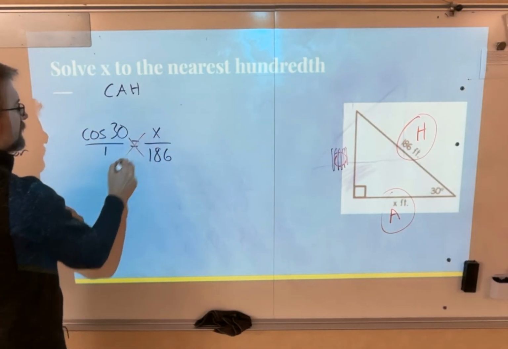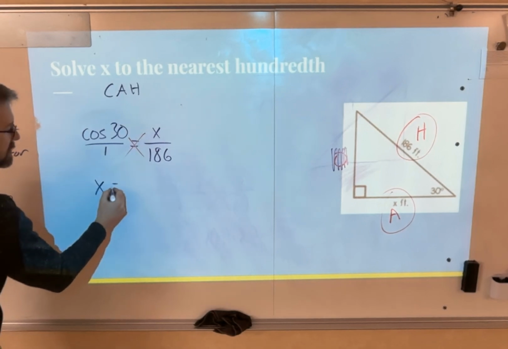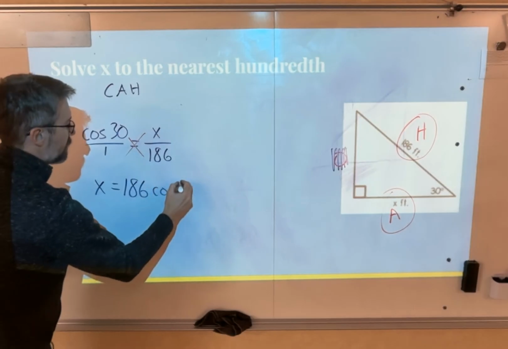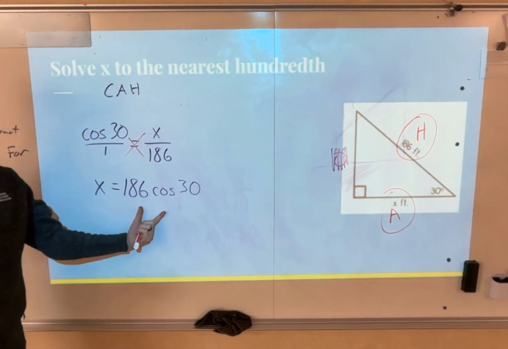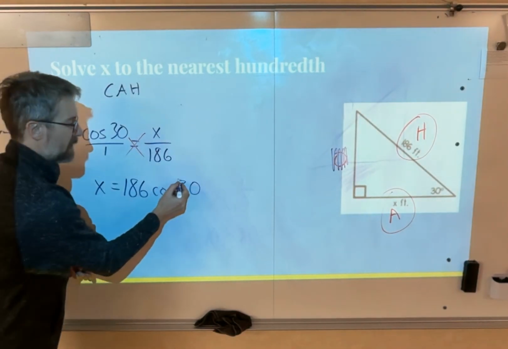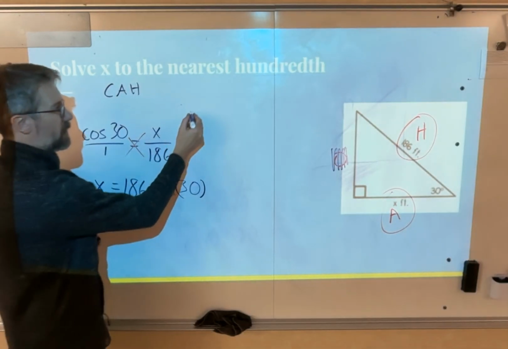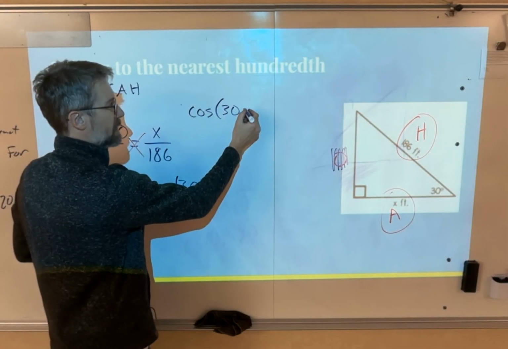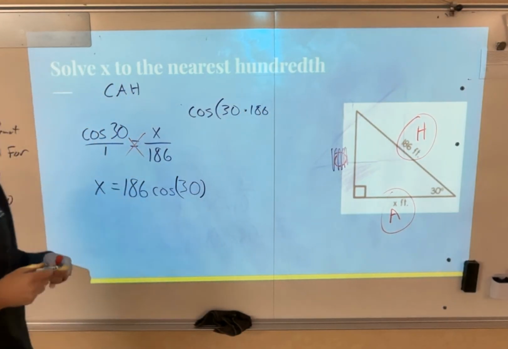Now when I do this, I get 1 times x is just x, and the other side is 186 times cosine of 30. I like to write it down this way where the number is in front and then cosine of the angle, because in the calculator there are parentheses around that. If you do cosine parenthesis 30, and then you put in times 186, and you don't put a parenthesis in there, it's going to screw it up.